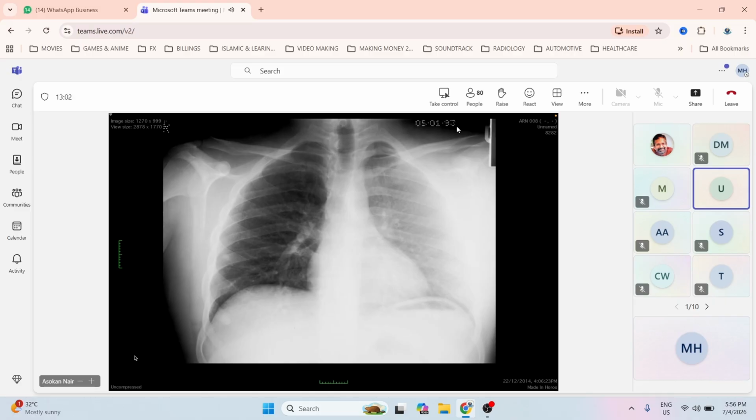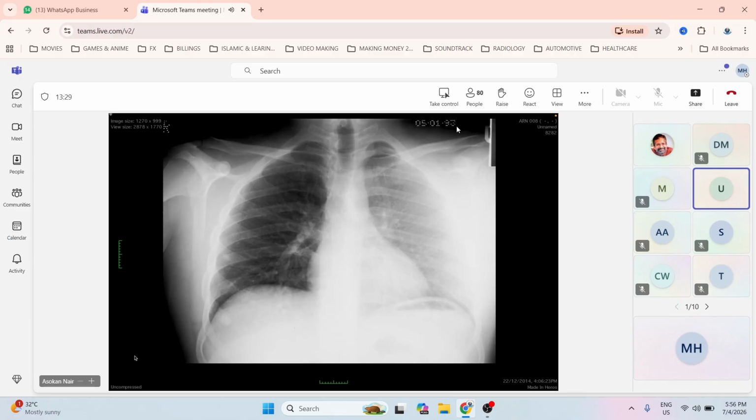On the right lung field, there are a few lung nodules noted at the right mid zone. Otherwise, the rest of the right lung field appears clear. Heart is not enlarged and no pleural effusion on the right side.